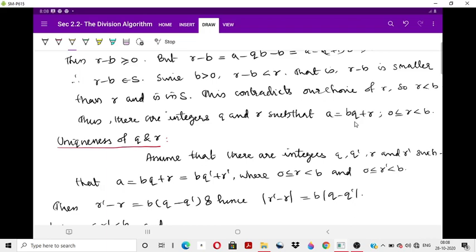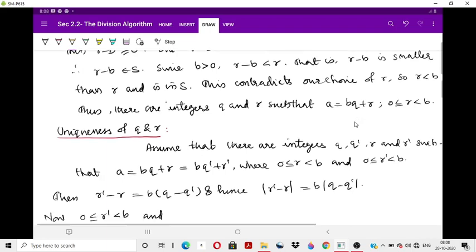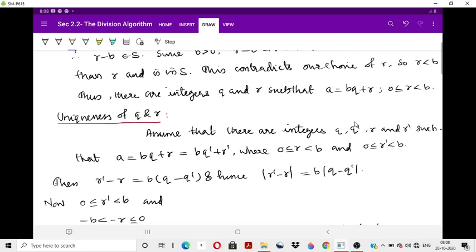Suppose A has two representations with Q, R and Q dash, R dash, with the conditions that 0 less than or equal to R less than B, and also 0 less than or equal to R dash less than B. Now we consider the difference R dash minus R. From the equations, BQ plus R is equal to BQ dash plus R dash.